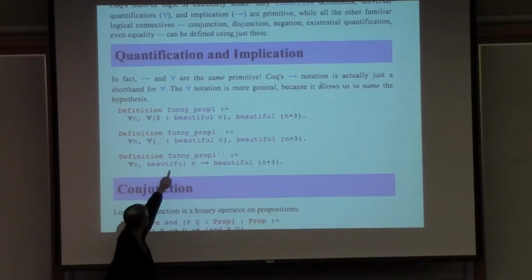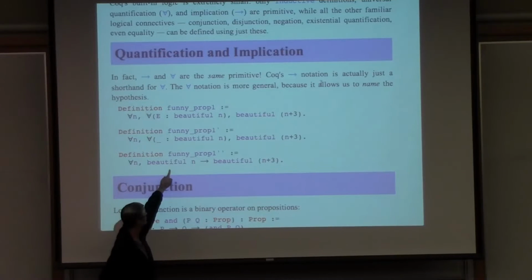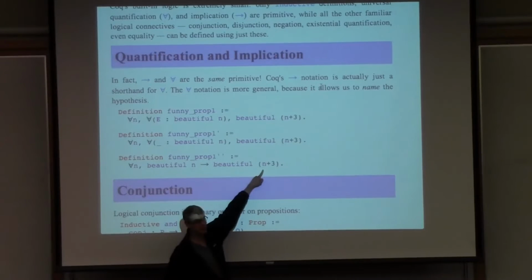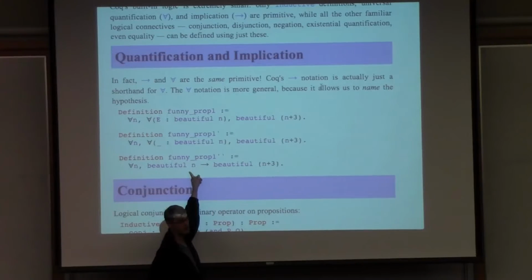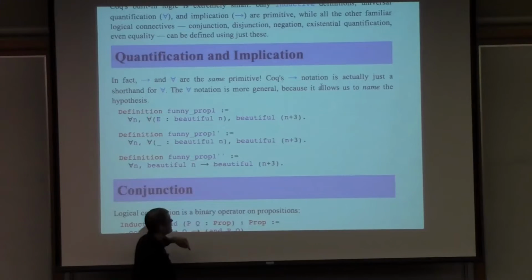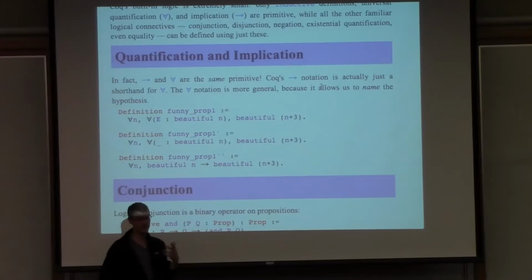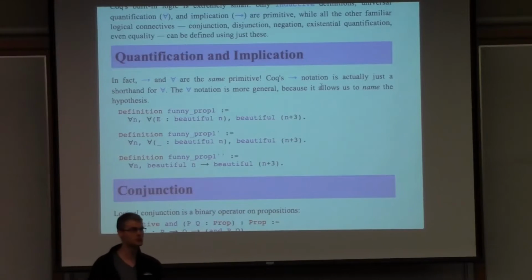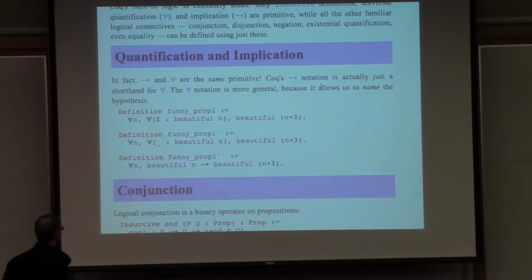So we could name this evidence. We're not going to use that name on the right-hand side here. We use the name n, but we don't use the name of this evidence in the type of the returned evidence. But we could still give it a name. We could call it E, for example. Or we could use the special underscore pseudo-identifier that says, I'm binding a variable here, but I don't care to give it a name because I don't need to use it later.